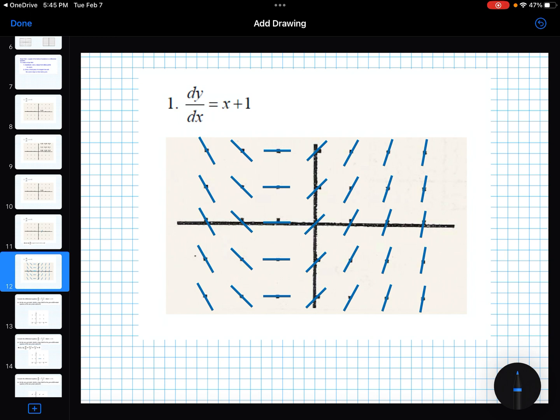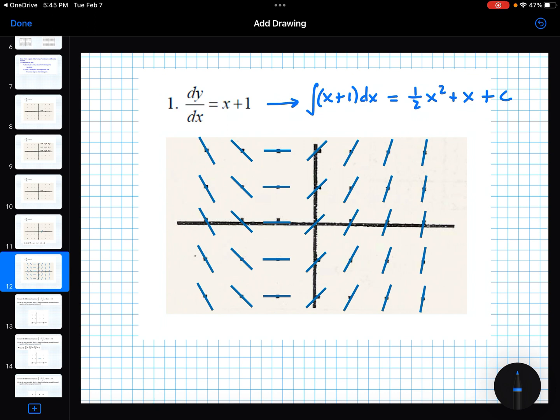So here's what it would look like. Now, I don't know if you can see it in there. Like I said, it's a bit of an impressionist painting, but the solution to this system, if you were to anti-differentiate x plus 1 dx, would be 1/2 x squared plus x plus a constant of integration.